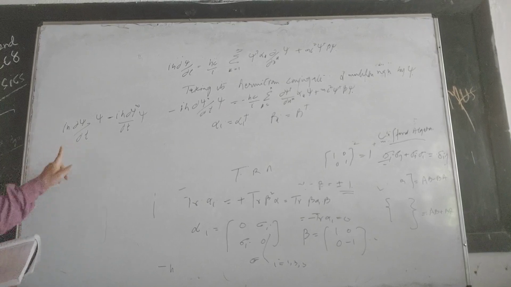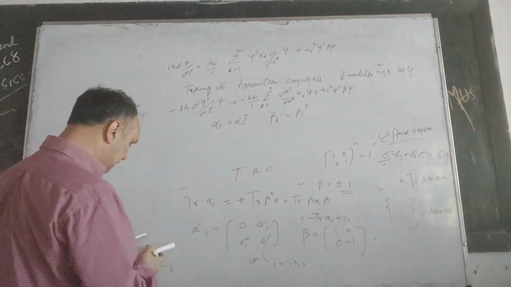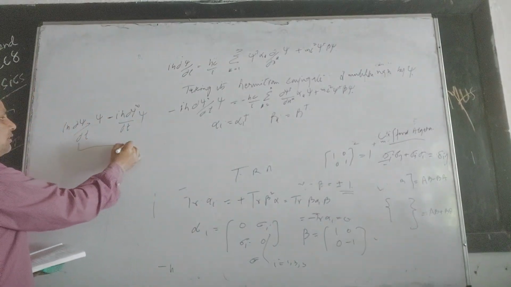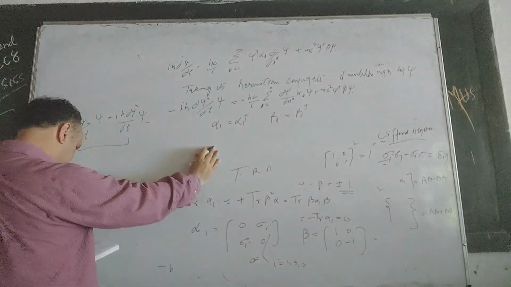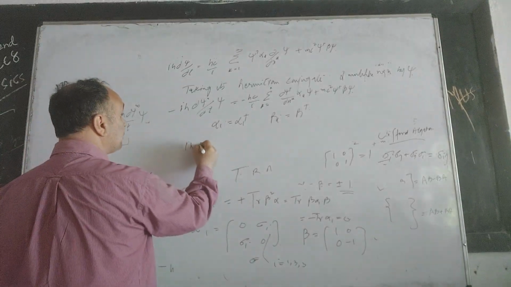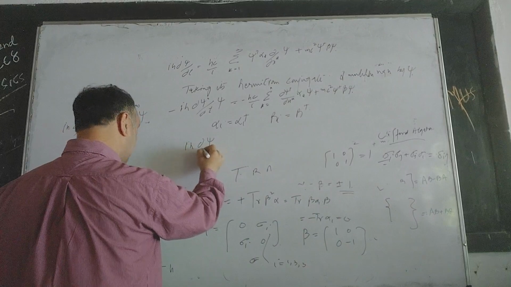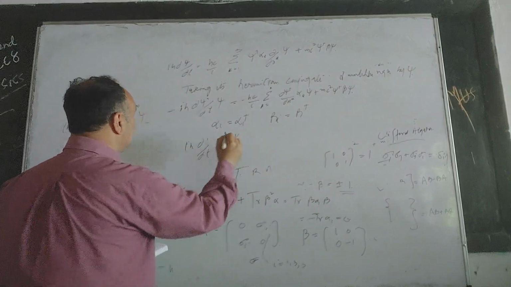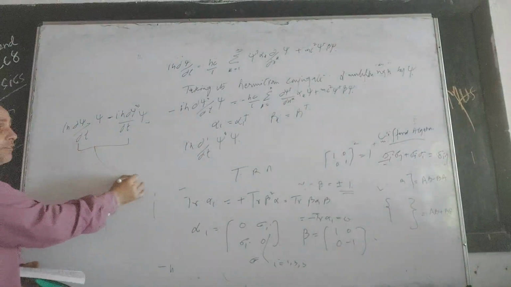Okay? So we can write the left hand side in terms of psi star psi only: d by dt of psi star psi. You have done this thing.